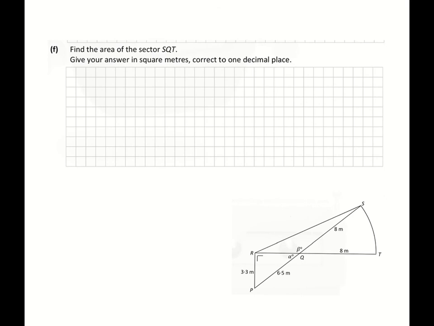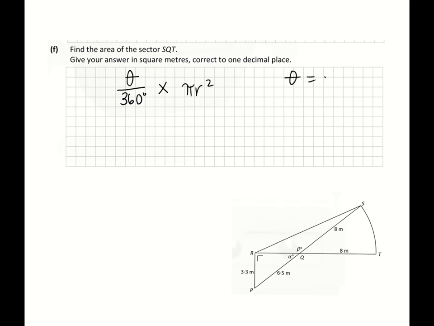In part F, you have to find the area of the sector. And the area of a sector is a very similar formula, because you're finding a fraction of the full circle multiplied by how you would find the area of a full circle, which is pi r squared.